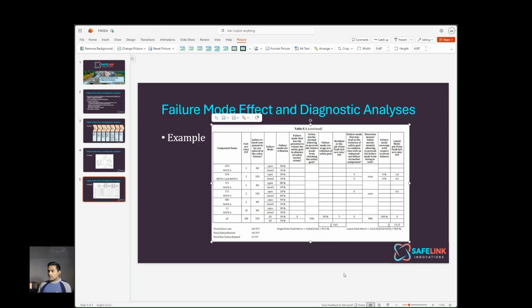From an ISO 26262 standpoint, for an ASIL B safety goal, a 90% single point failure metric has to be achieved, which means over here we have a single point failure metric of 93.2%, which is more than 90%, which is good. If this happened to be an ASIL C safety goal, ISO 26262 recommends that 97% be achieved, and this is just not good enough.